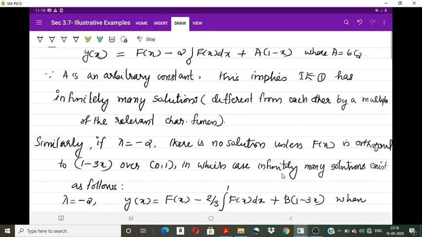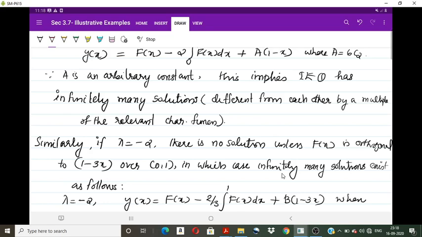And similarly, if lambda equal to minus 2, there is no solution unless f of x is orthogonal to 1 minus 3x over 0 to 1, in which case infinitely many solutions exist as follows.